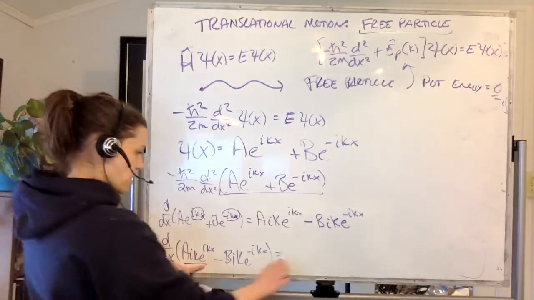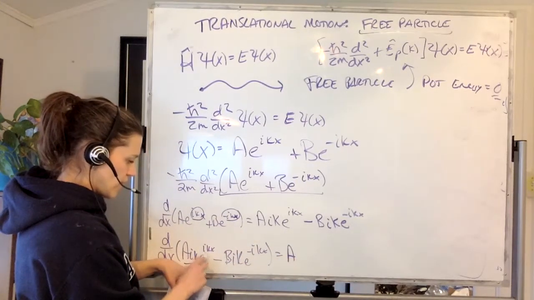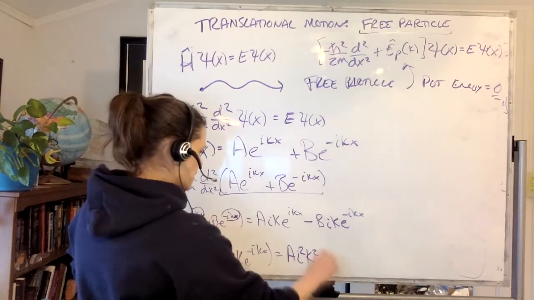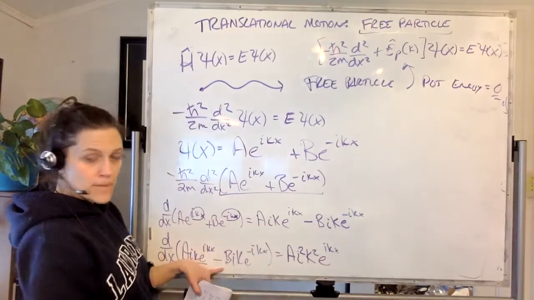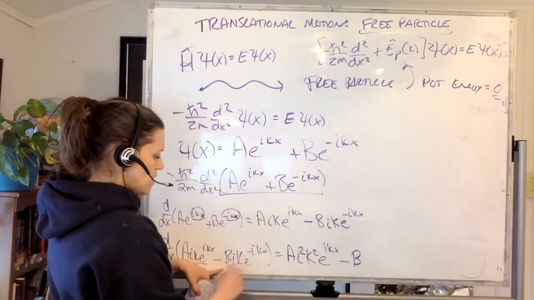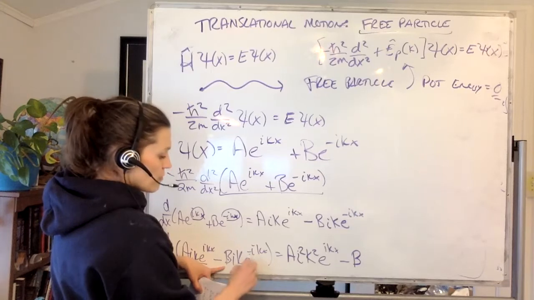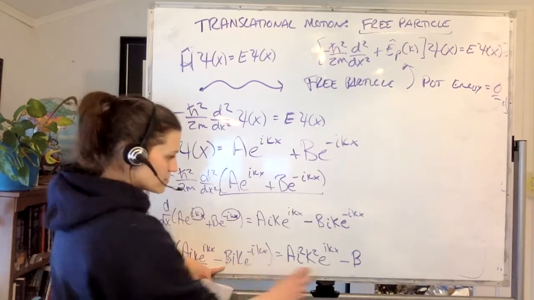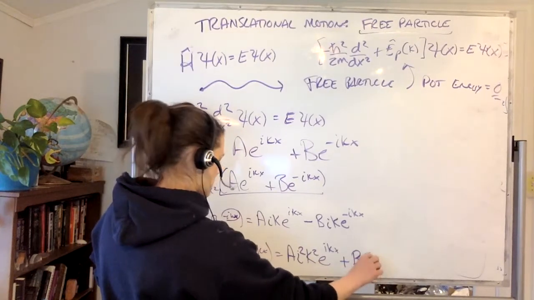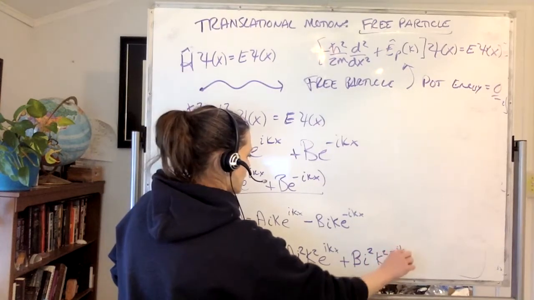The derivative of here is a times ik times the derivative of ikx, which is ik, which gives us an i squared k squared e to the ikx minus b, same thing, minus ik times the derivative of minus ikx. The derivative of minus ikx is minus ik. So we've got minus and minus, that gives us back a plus. i squared k squared e to the minus ikx.